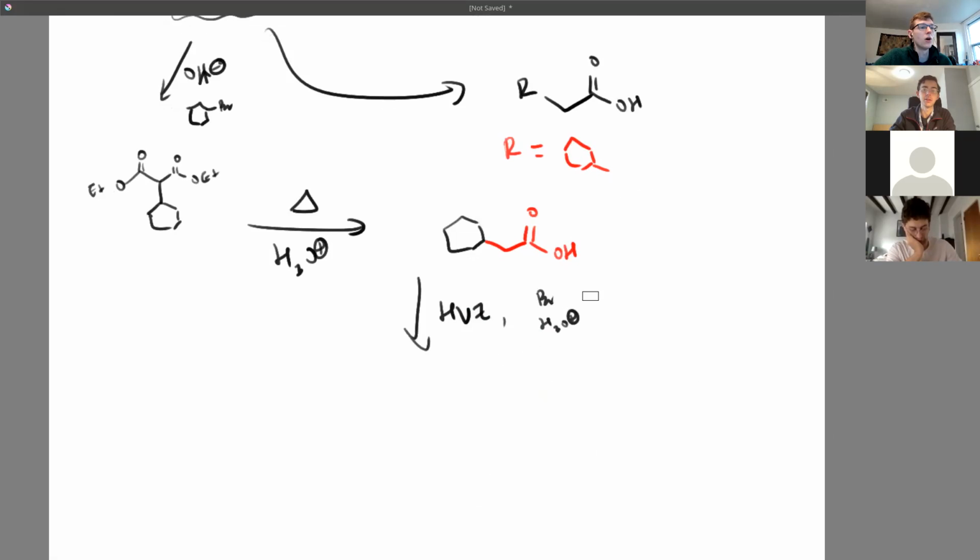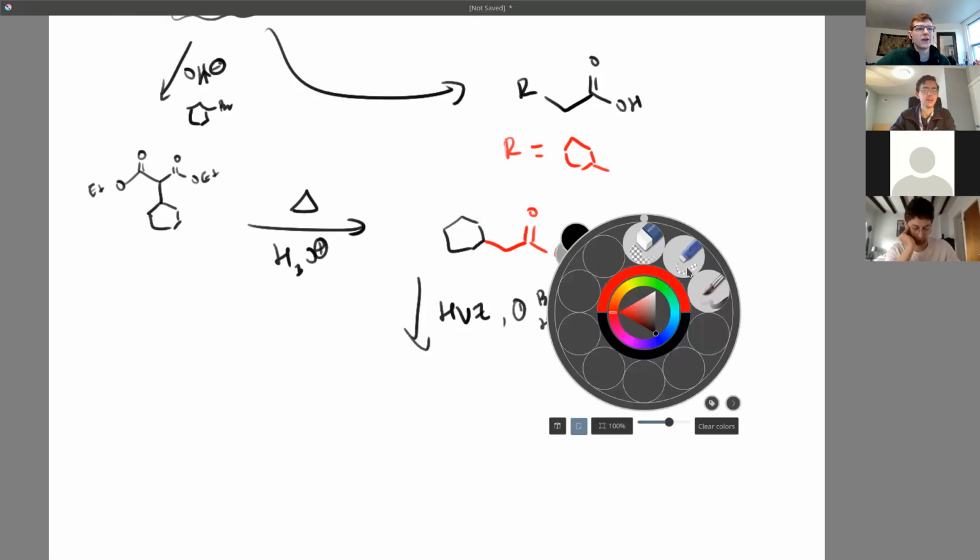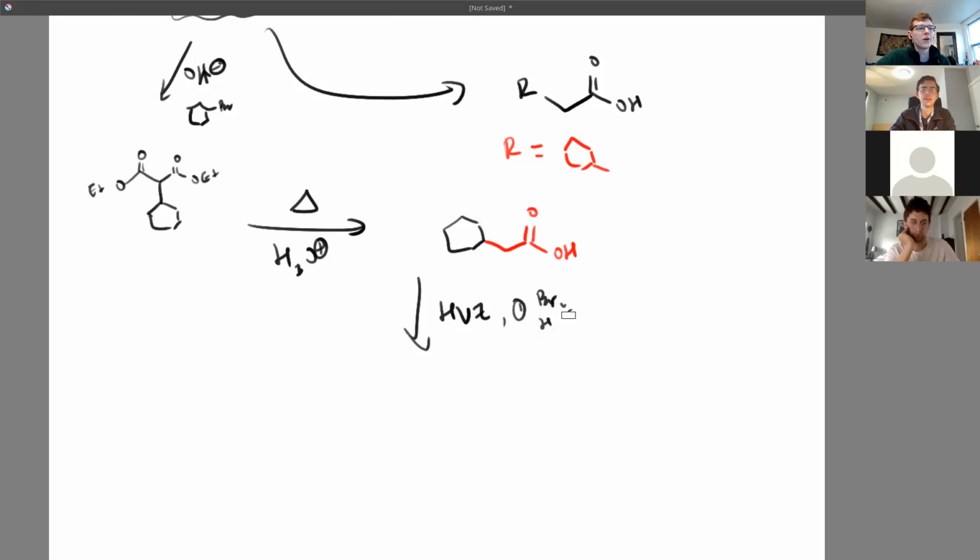I think it's both, Br2 and PBr3. And then the second step is water workup. Do you need water in the first step too? No, I think it's the second. So PBr3, and then 2, we use H3O plus. So we've halogenated.